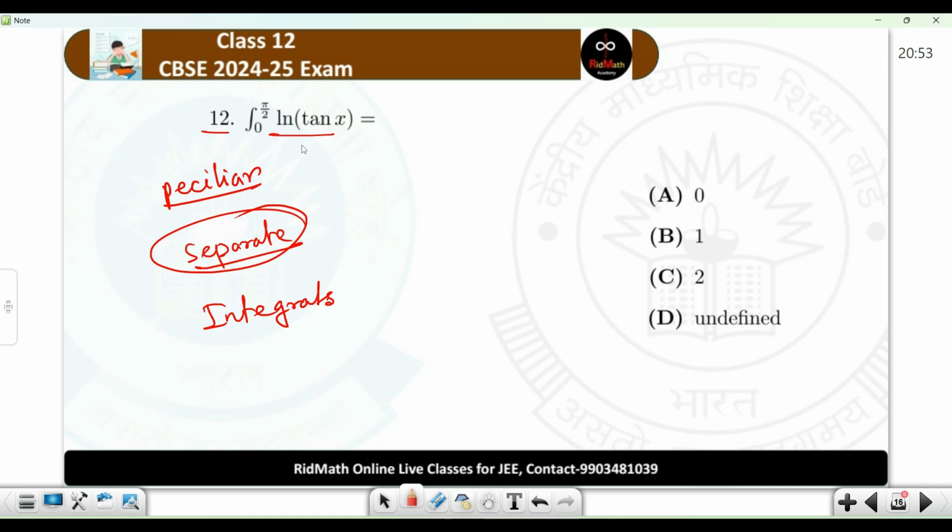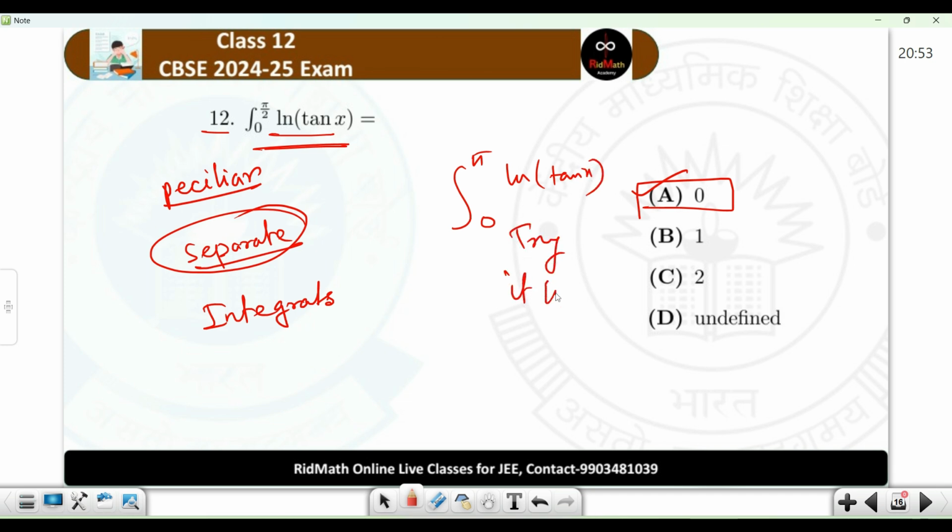So for this integral the answer will be 0. Okay, and try 0 to pi ln tan x. Try it at home and tell me in the comment section what will be the answer.